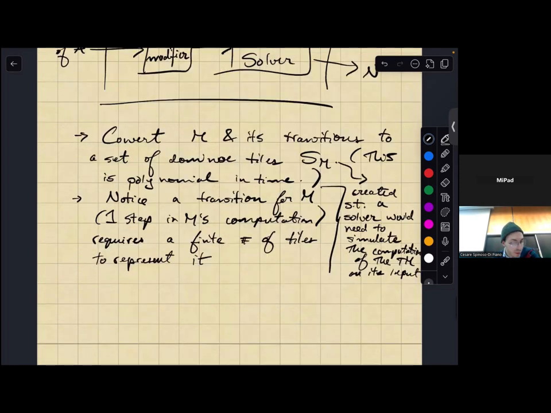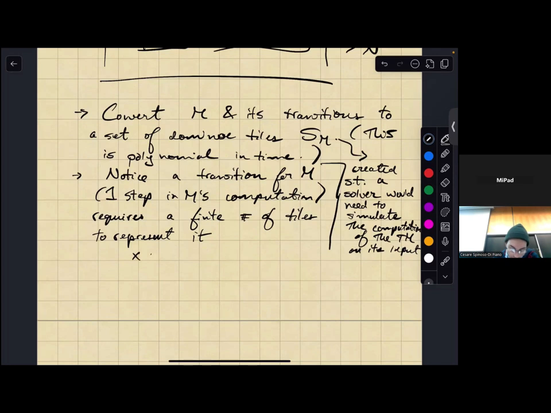Remember, if I have a transition like X, Q, sigma, Y gives you X, gamma, P, Y, this is represented as tiles of dominoes.